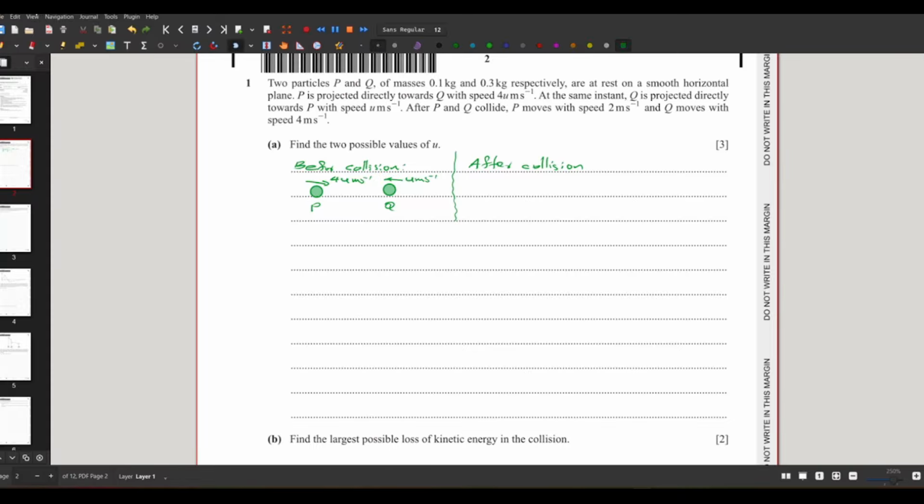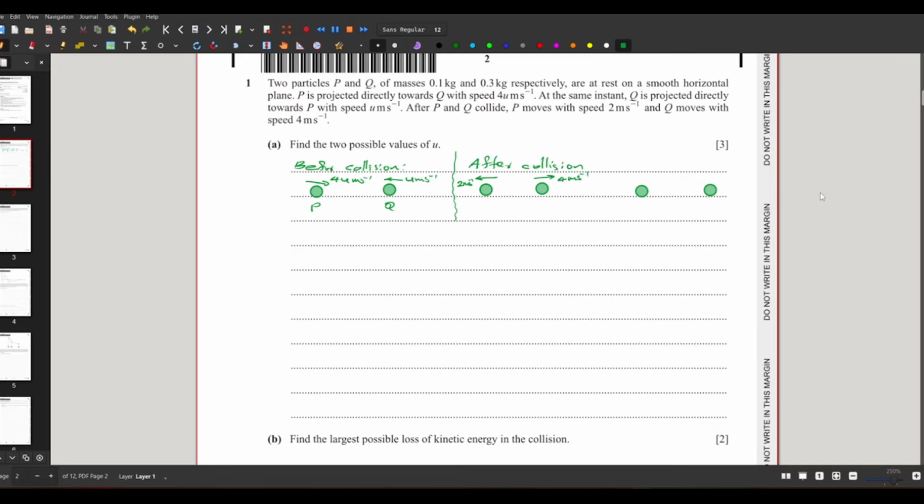This is particle P and particle Q, and we may have two situations. In the first case, after collision, P and Q are moving in opposite directions: P is moving with a speed of 2 meters per second to the other side, and Q to the other side.